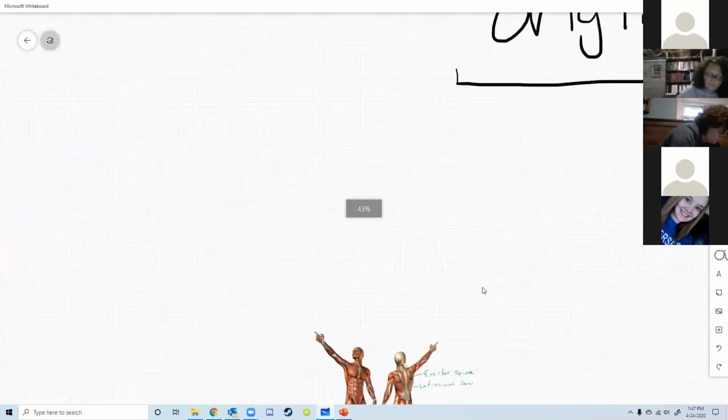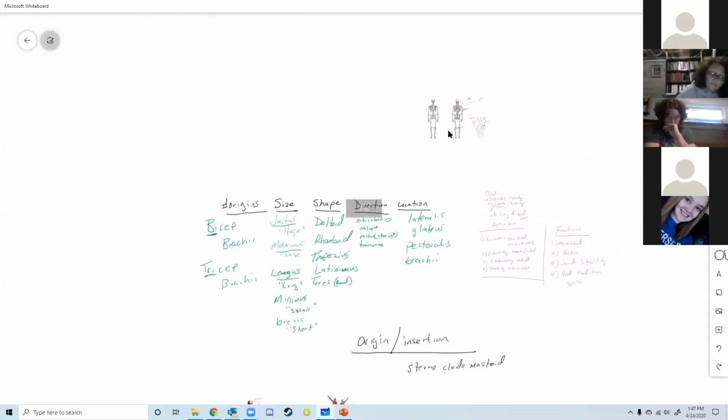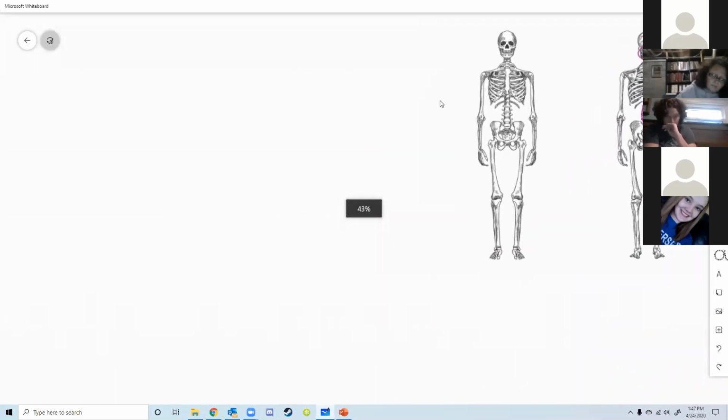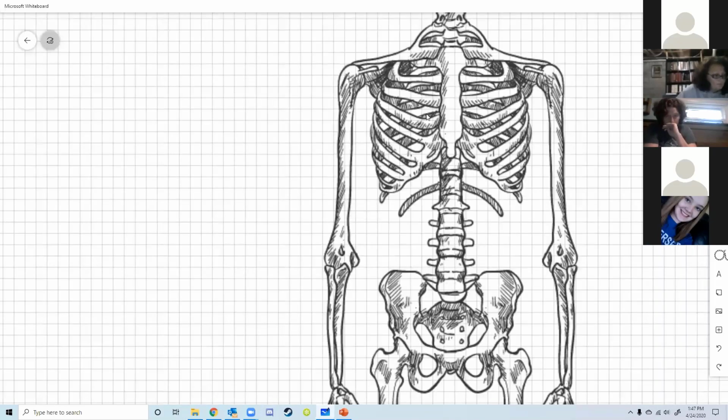If you all remember what I talked about in the skeleton, in this area right here, in between your ribs. This is called intercostal space. And you have muscles, deep muscles, superficial here.